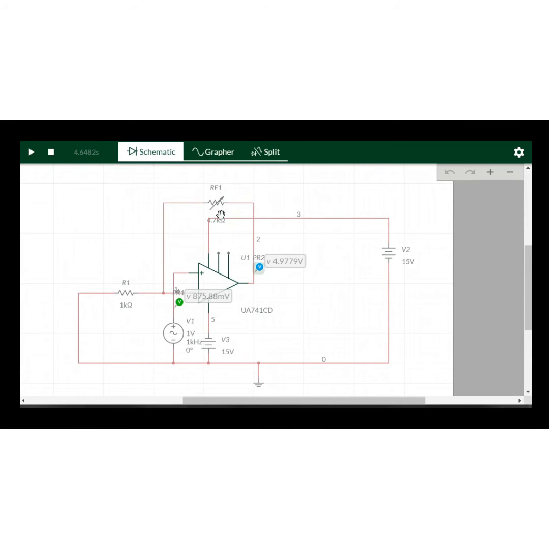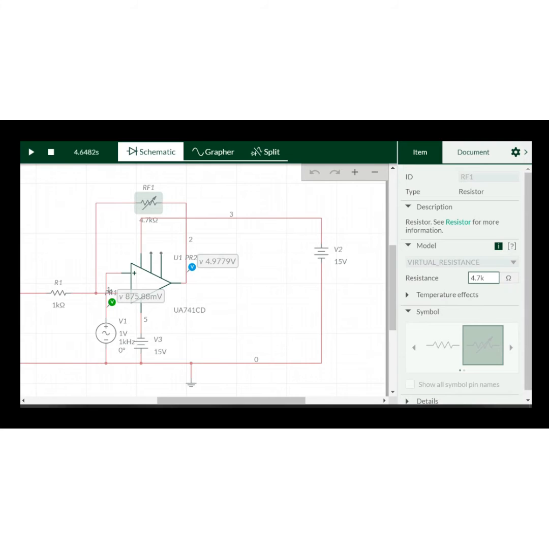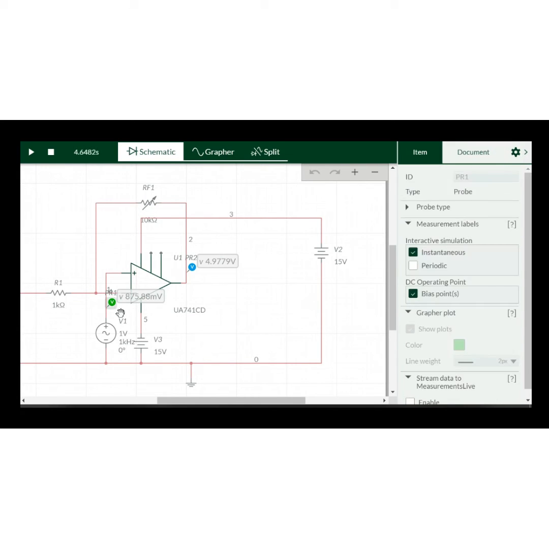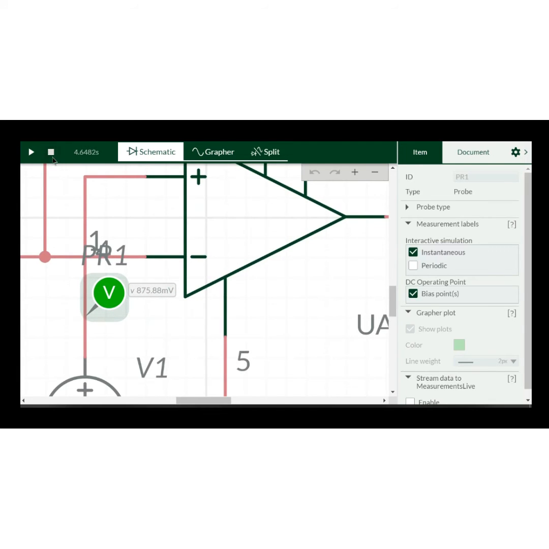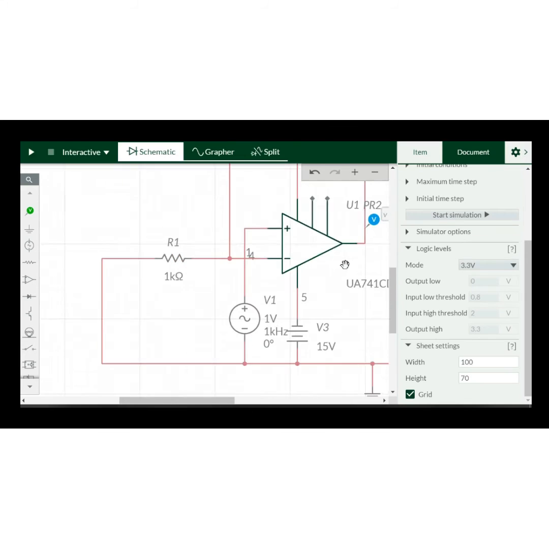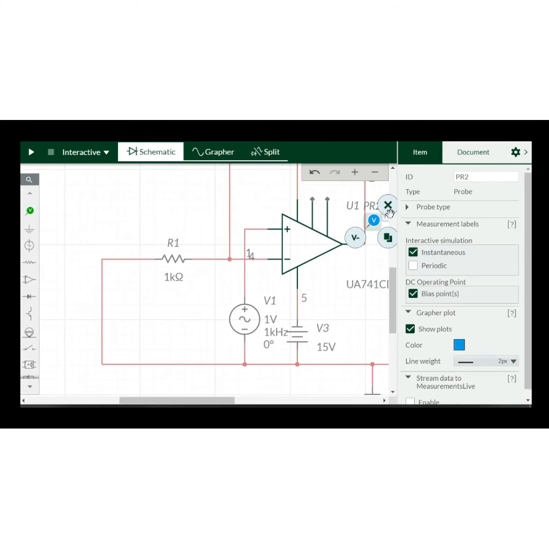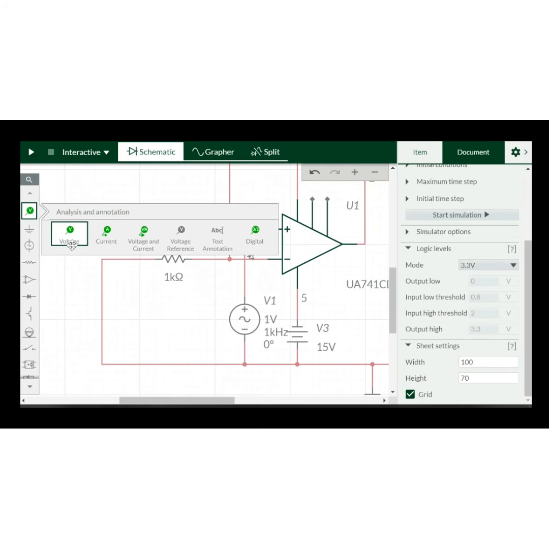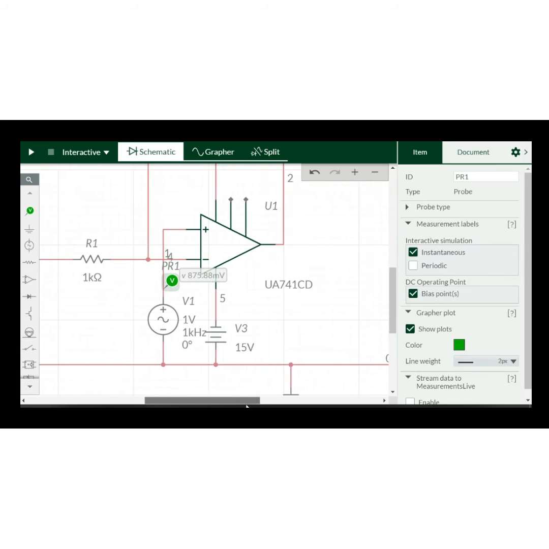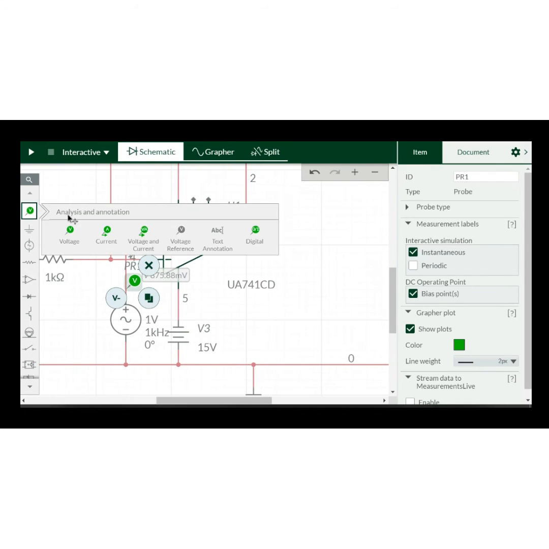Now change the resistor 4.7 kilo ohms to 10 kilo ohm, and then delete the probe and put it back. So put back the probe at the same place, V1 and V2.